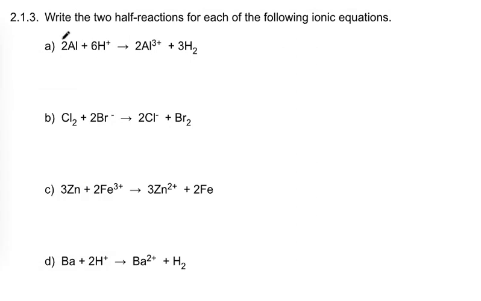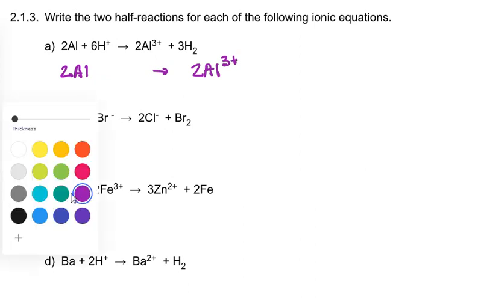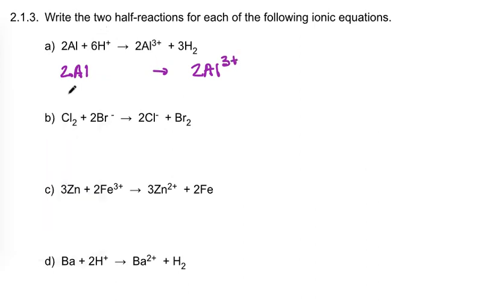So I'm going to take the aluminum part of this, 2Al arrow 2Al3+. Okay, that's the aluminum story. And then separate from that, we're going to have the hydrogen story, 6H+ arrow 3H2.